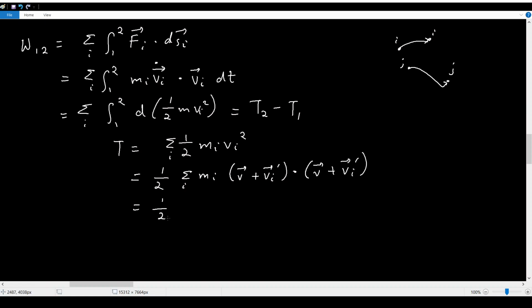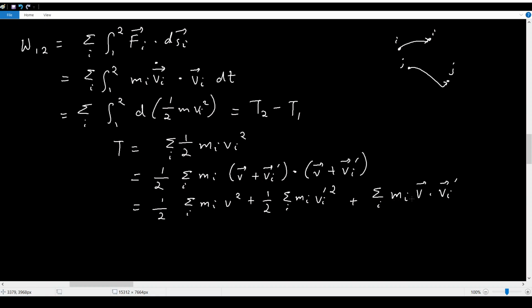And so the first one just becomes v squared. The second one just becomes mi, and this one, let's just do vi prime, vi prime squared. So the third and the fourth, the cross terms are the same. So they add up to get rid of the half, and we get summation mi v dot vi prime, right?